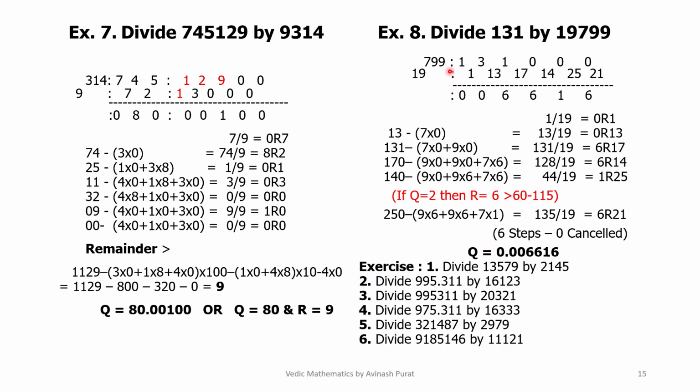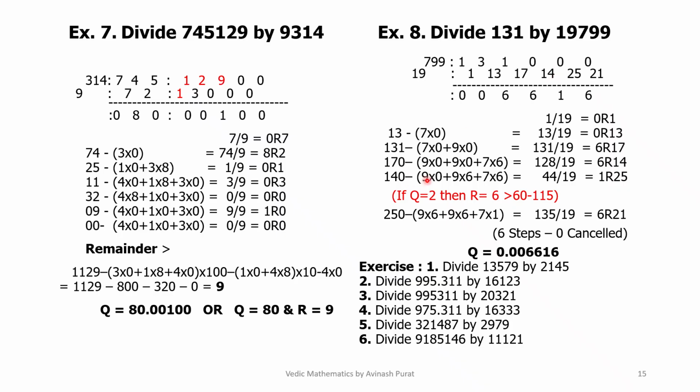So 170 minus 9 into 0 plus 9 into 0 plus 7 into 6 equal to 128, divided by 19 is again 6 and remainder 14.